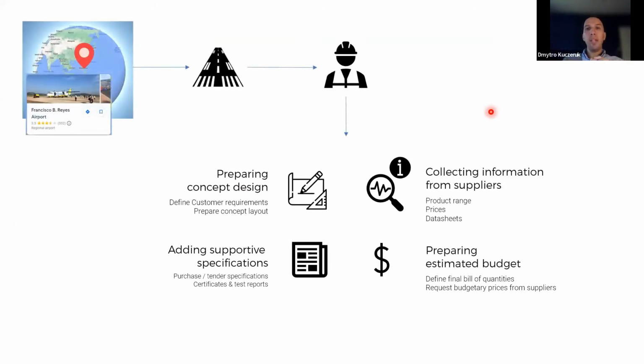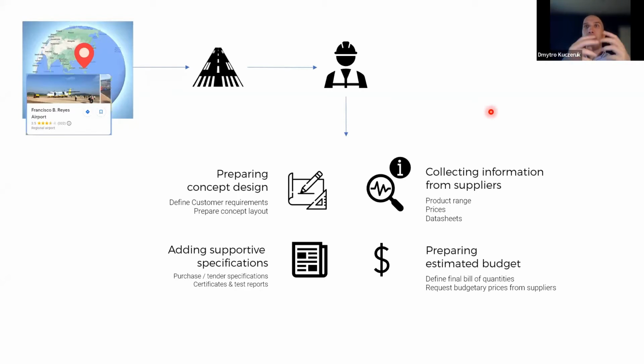Before going into details of S4GA capabilities, let me refer to things that we need to do during a classical airfield lighting design project. In most cases, the airport operator signs a contract with us, with consultants, with designers, where we are asked to provide them with a conceptual layout and estimated budget.